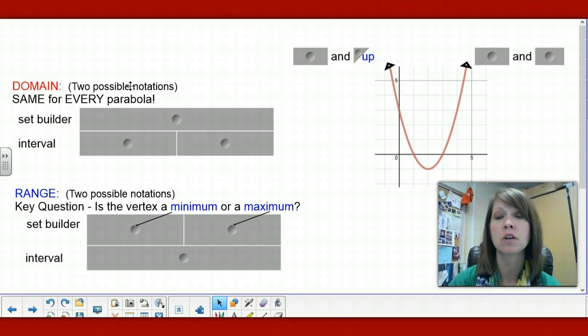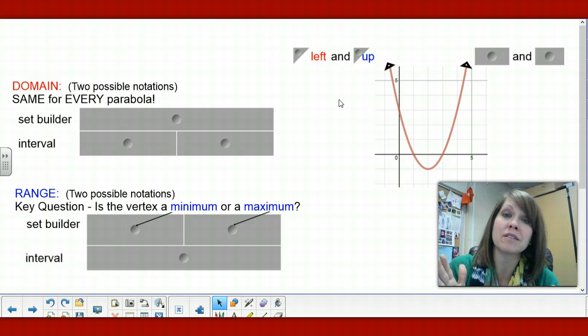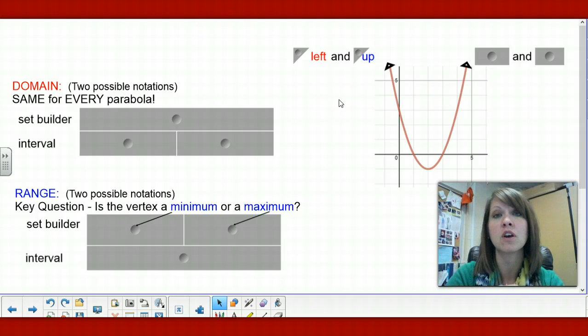That would be range. Okay, so what other direction is this arrow pointing? It's pointing up, but it's also tilted to the left. Okay, and remember that the arrow means that it doesn't just go to the left for a little bit. It actually extends to the left forever. Okay, it's going to the left forever.